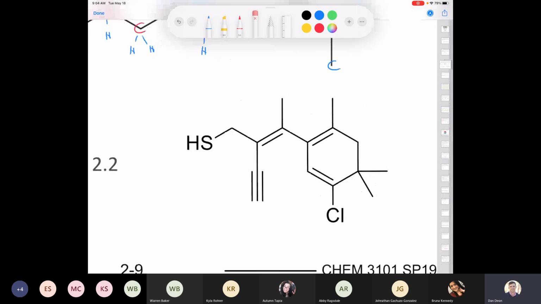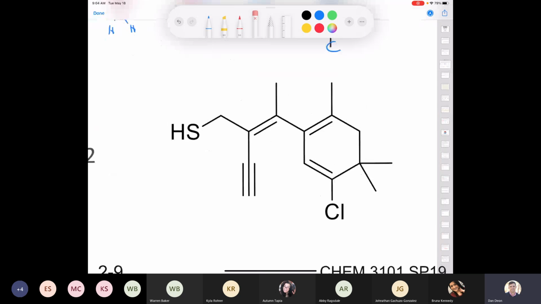Identify all the carbons and hydrogens in this molecule. If anybody can tally up the total number of carbons here and let me know, I'll count them myself. So somebody got 14.